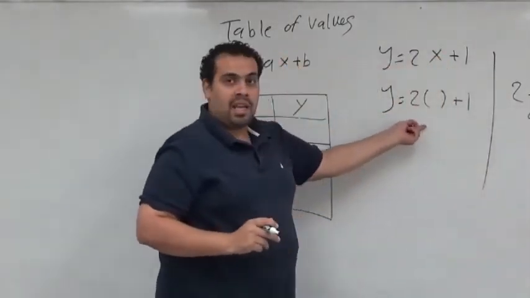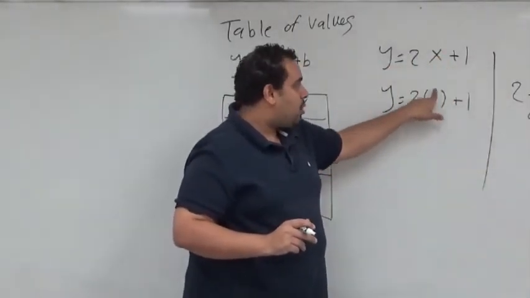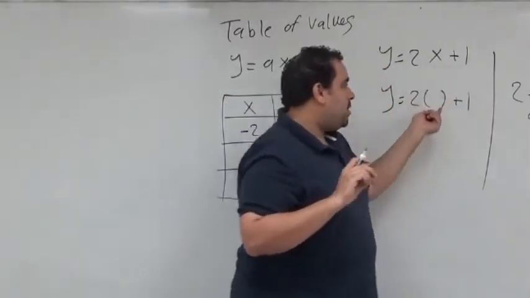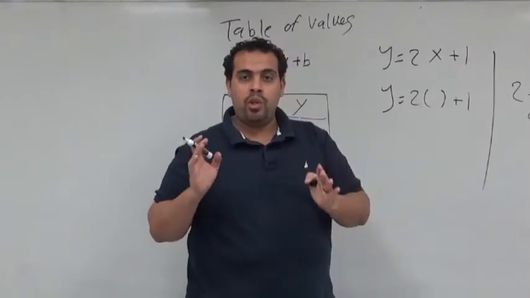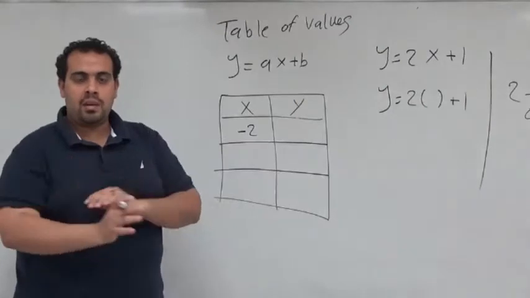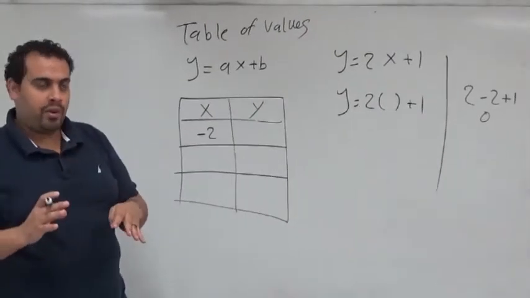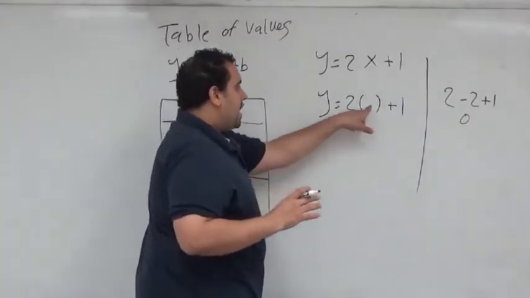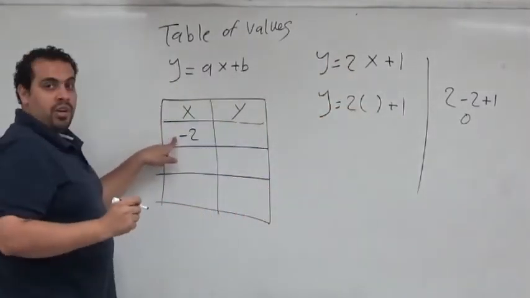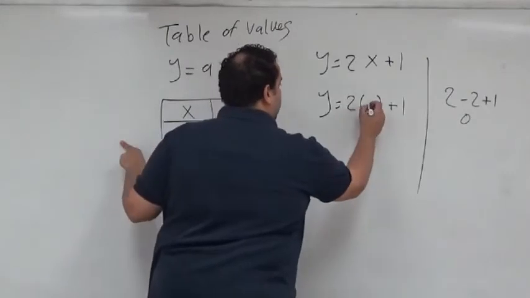However, it's multiplication: the 2 is multiplied by whatever value of x. So you need to pay attention. Put the x value inside parentheses to avoid any problem or mix-up. So now the x value is -2, so I'm replacing x with negative 2.